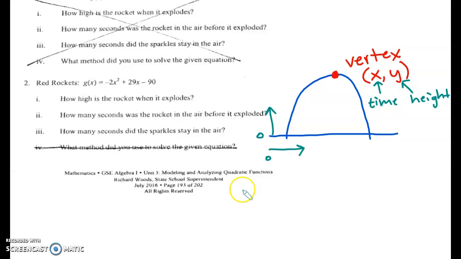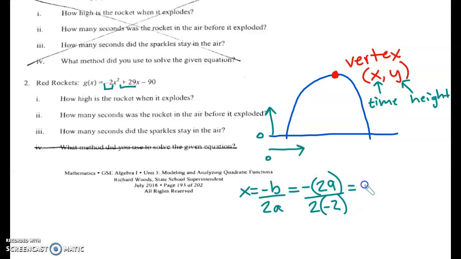You've got to use x equals negative b over 2a. That was from Monday. You have to use that in order to find the x value of the vertex. So let's plug in what we know. I need negative b. So b is a positive 29, so plugging in negative 29 all over 2 times my a value, which in this case is a negative 2.